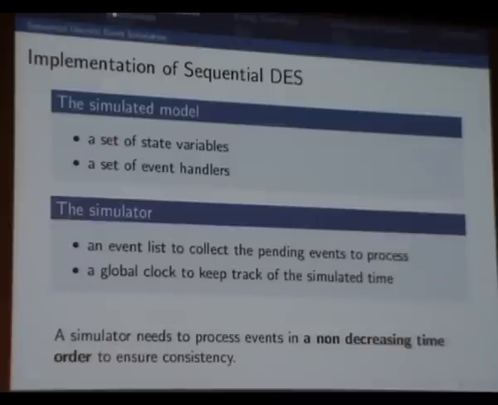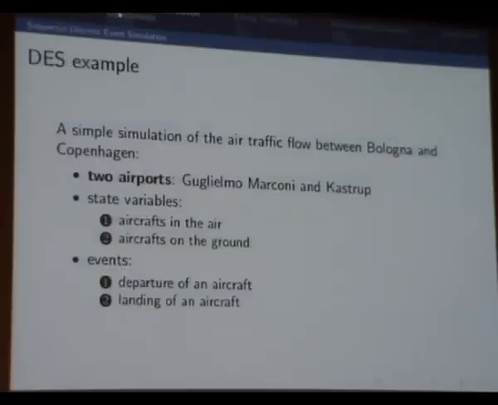And then in the simulator we will have an event list with the processed and unprocessed events, and then a global clock that goes forward, and it represents the going forward of the simulation. So as you can imagine, a discrete event simulation must process events in a non-decreasing time ordering. Otherwise, we will have some issues.